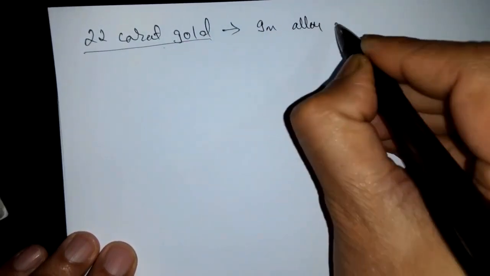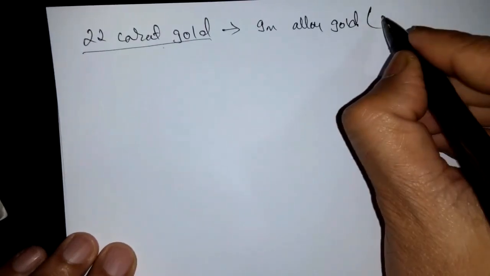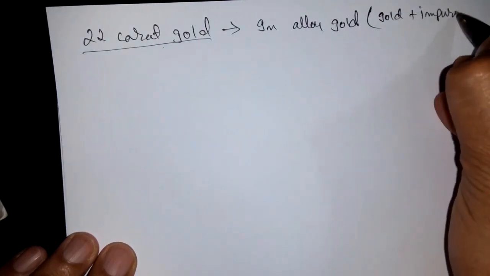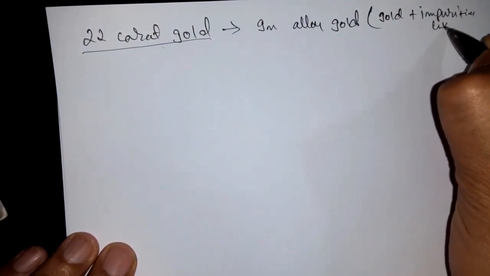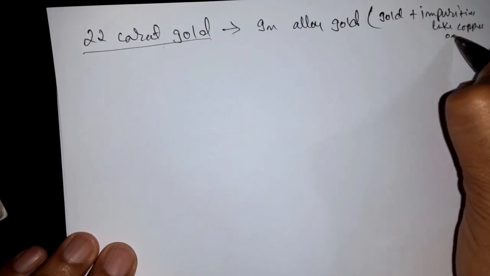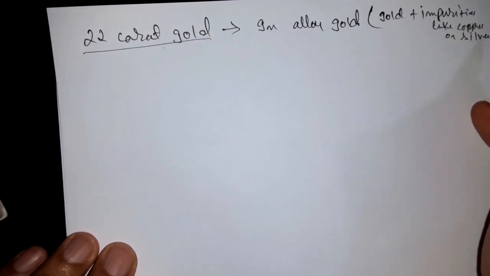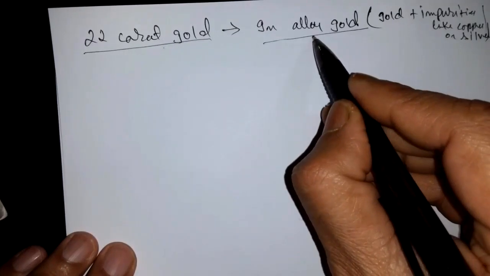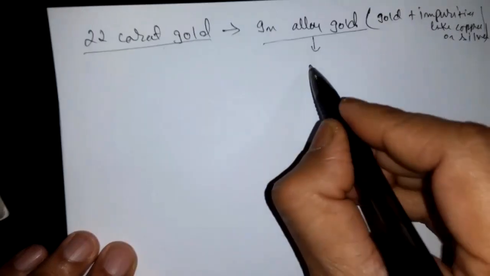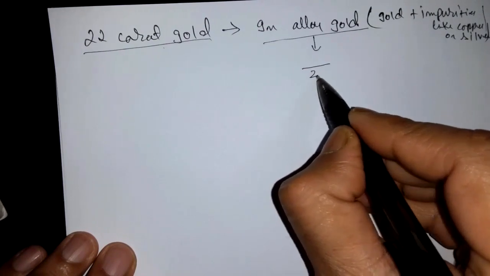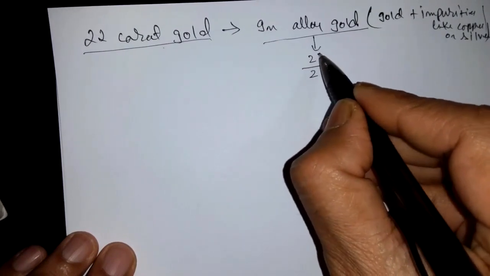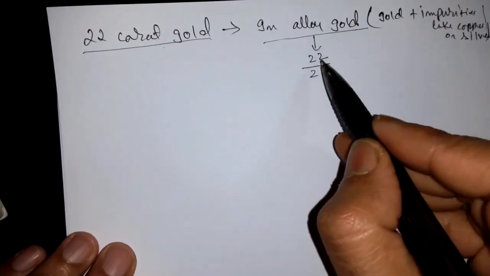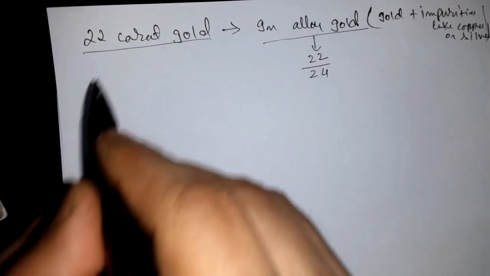Alloy gold means gold with impurities, gold with impurities like copper or silver is called alloy gold. So in alloy gold, if you want to represent 22 karat, then we can write downside 24, upside 22. So out of 24 parts of alloy gold, your pure gold is 22 parts.